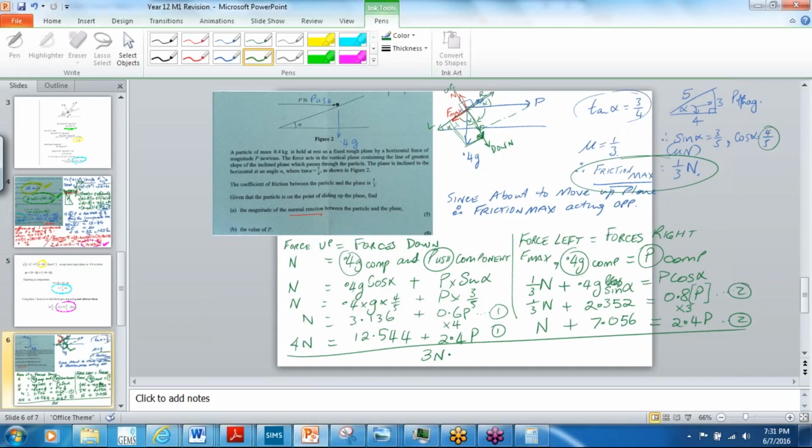Nothing here, minus 7.056 on the left. Now on the right, we've got 12.544 and 2.4P, take 2.4P is cancelled. So we've eliminated P. This equation says that N will equal 12.544 plus 7.056 and then divide that by 3.